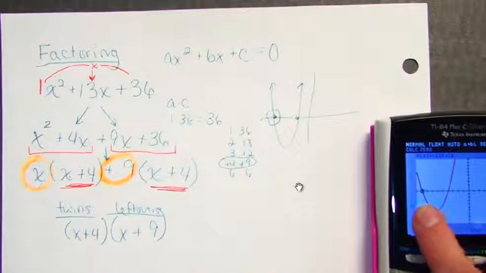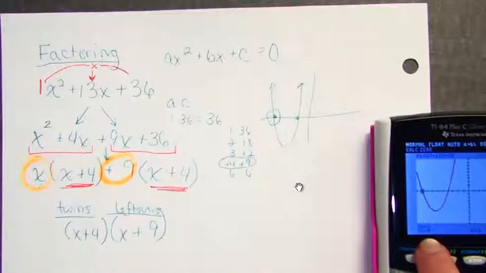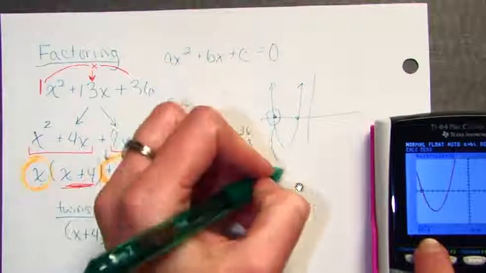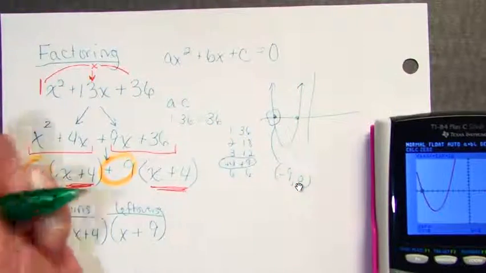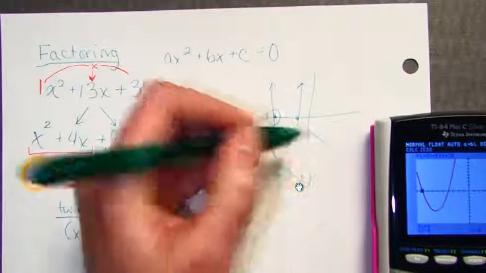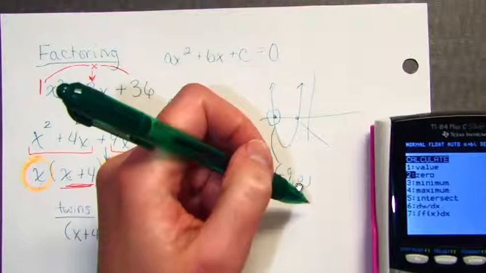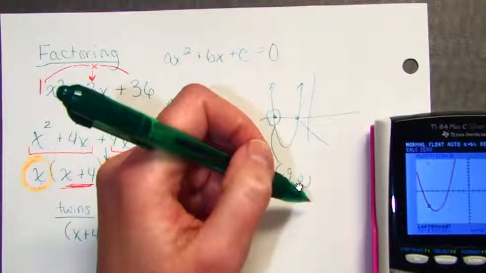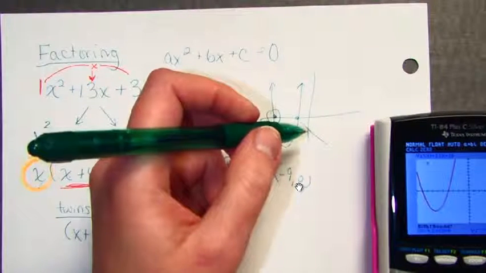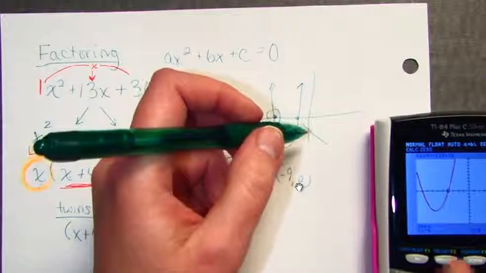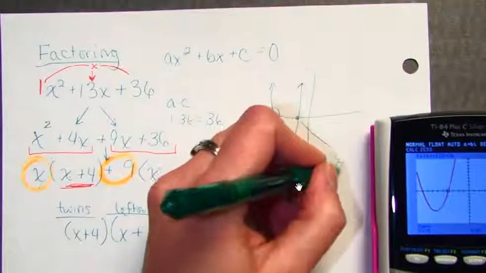I'm calculating this first 0, and it tells me that first 0 is at -9. So I have a point here at -9, 0. And my other 0, when I calculate that, is going to be at -4.